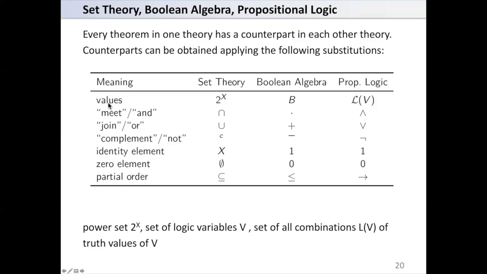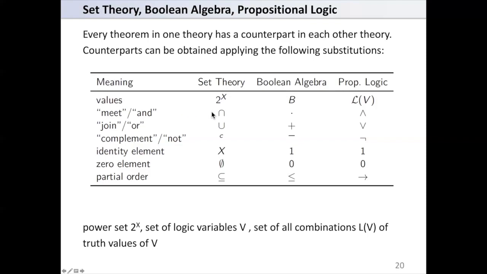The values in set theory are all possible subsets. In Boolean algebra, it is the set B itself, and in propositional logic, values of the proposition.